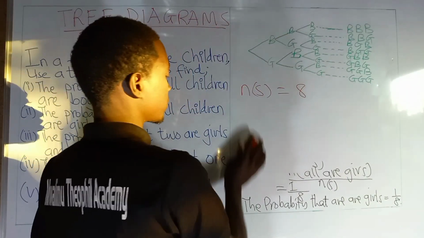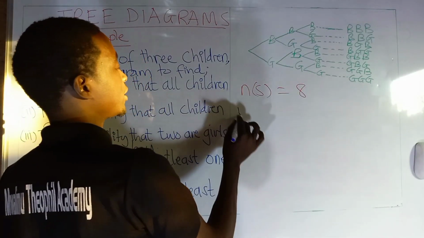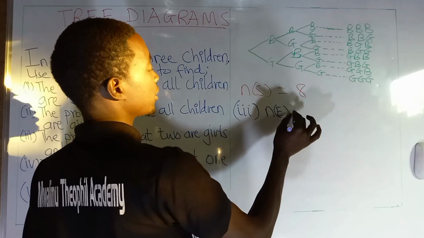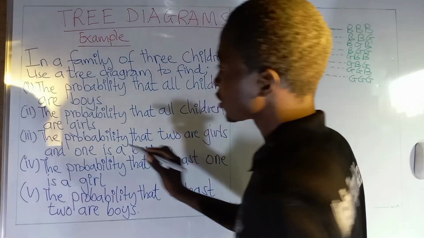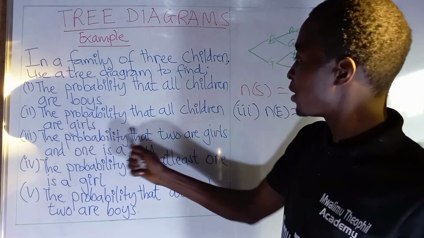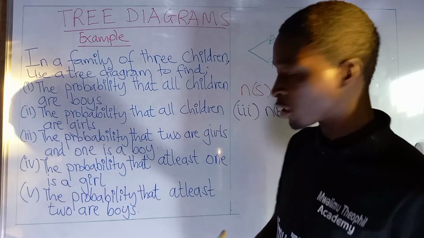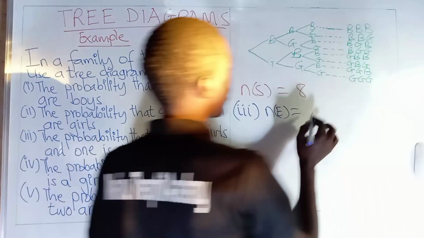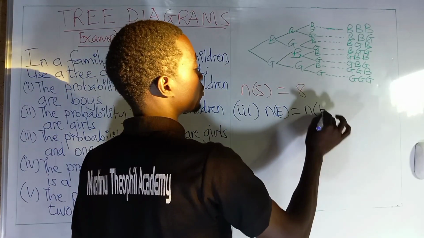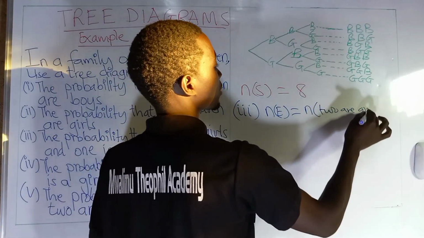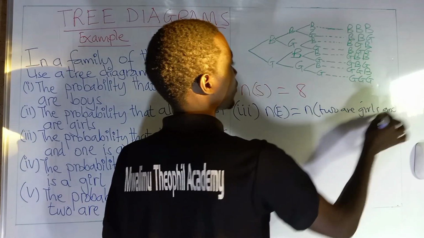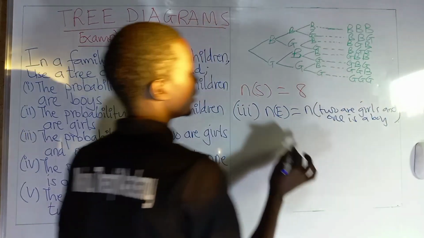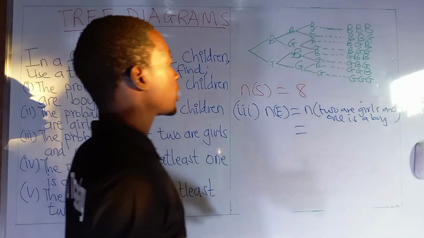Here in our third part of our question, the number of events is equal to the number that 2 are girls and 1 is a boy. This will be equal to how many?